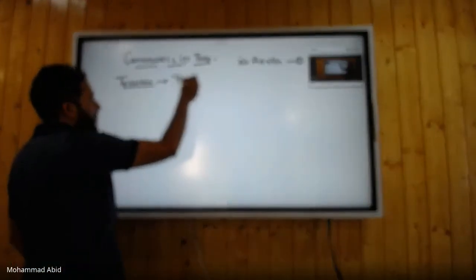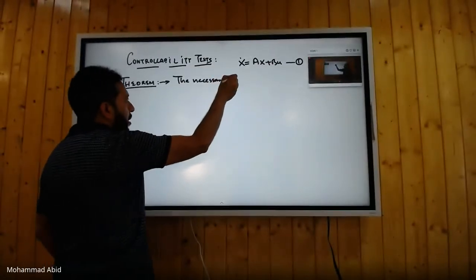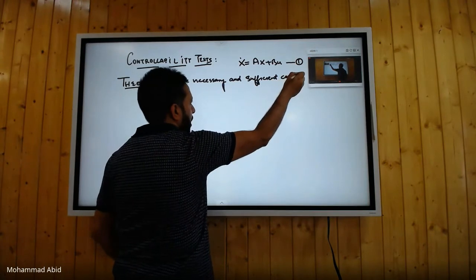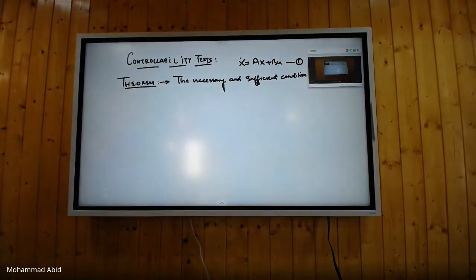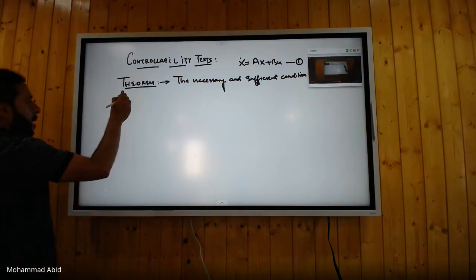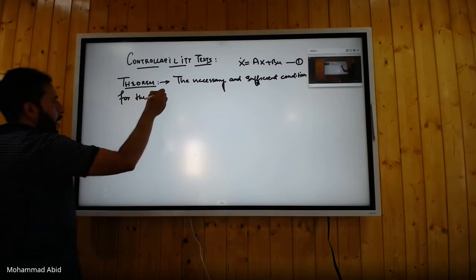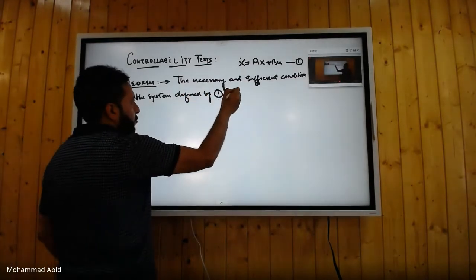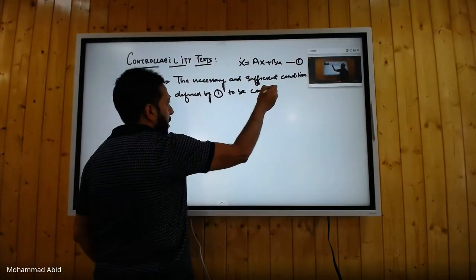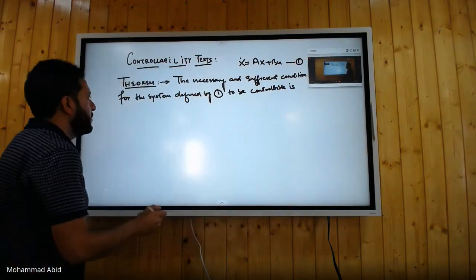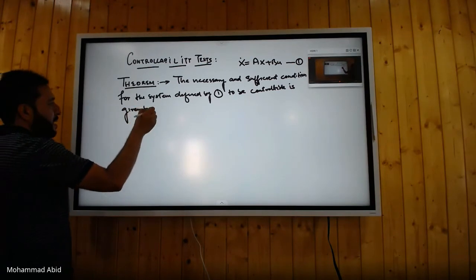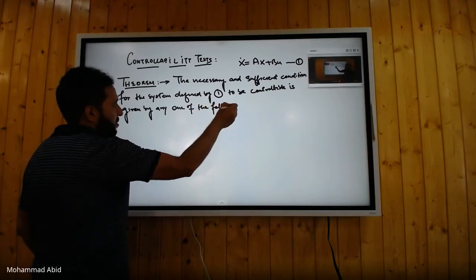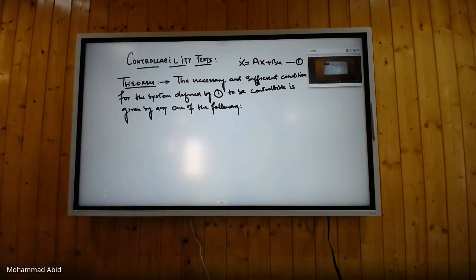The necessary and sufficient condition for the system defined by equation 1 to be controllable is given by any one of the following. तो मैं दो कंडीशन स्टेट करूंगा यहाँ पर.